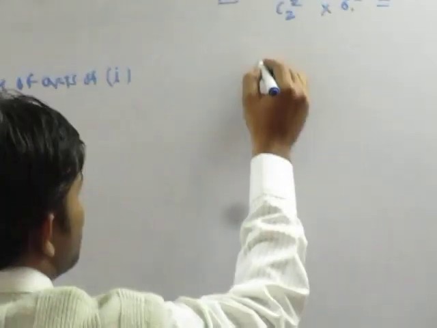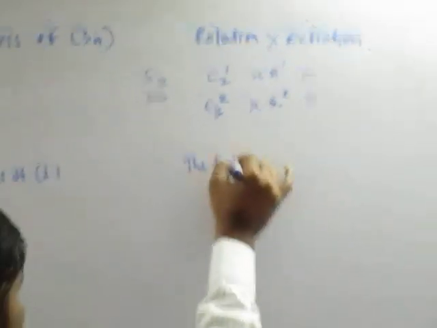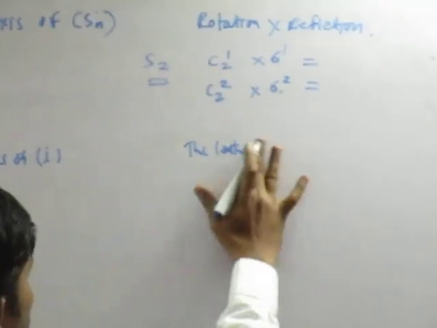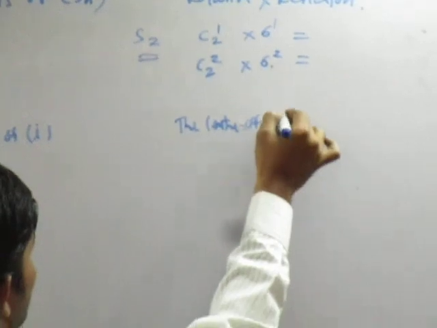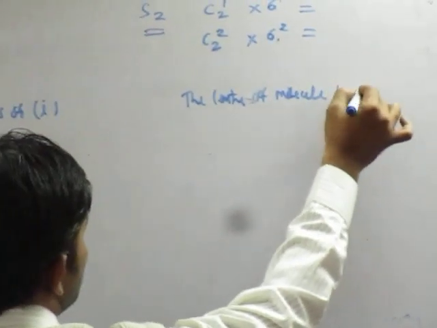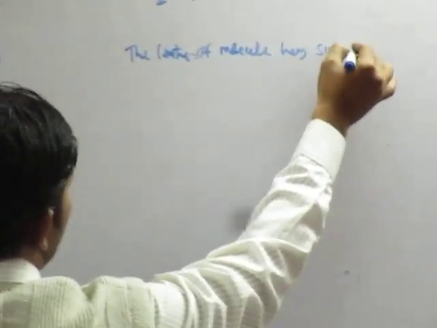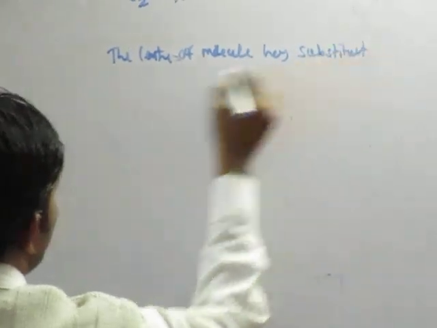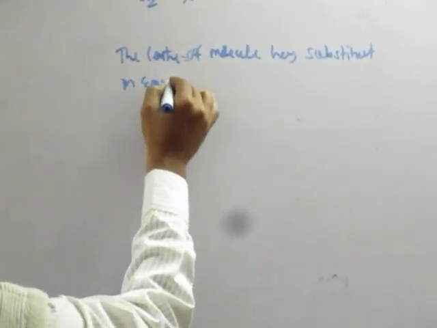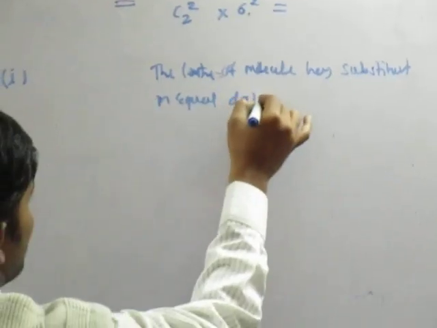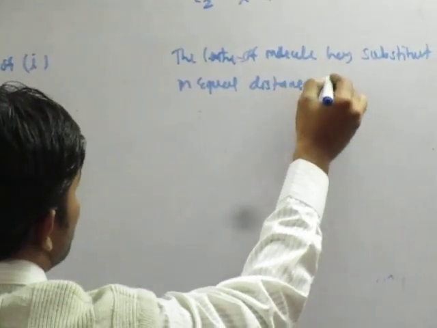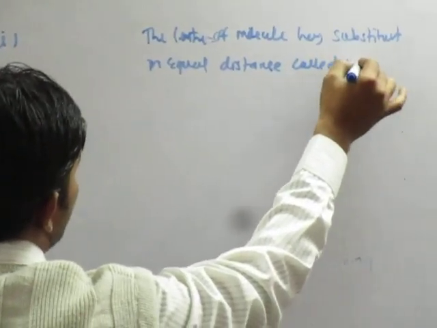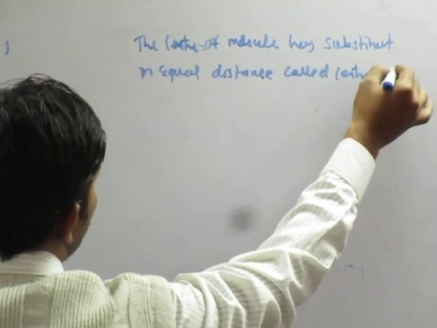If the atoms of the molecule are substituted at equal distance from the center, it is called the center of symmetry.